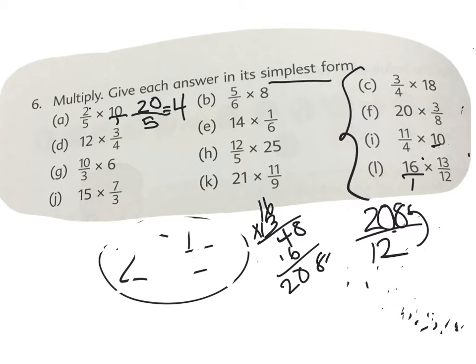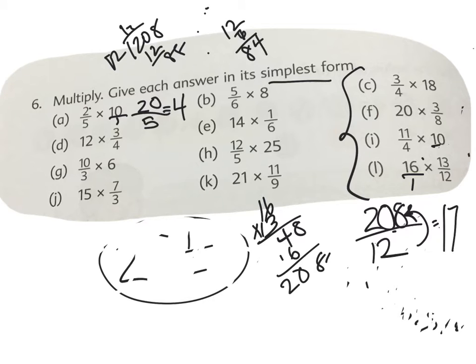Now, how many times does 12 go into 208 without going over? That would be 17 times with 4/12 left. I can reduce that to 17 and 1/3.